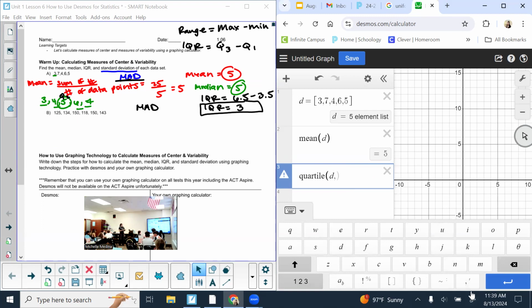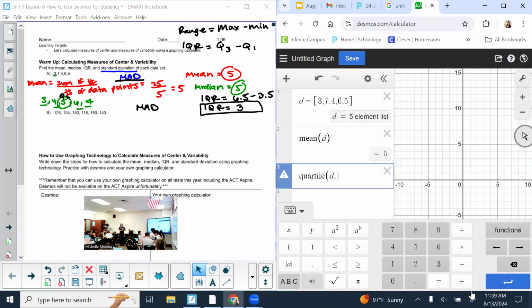I have to specify what quartile I want. Do I want the first quartile, the second, the third? So I put comma 1 if I want the first quartile. That's the same thing we got by hand. 2, if you want just the median overall, but there's also a median button. And then your third quartile.